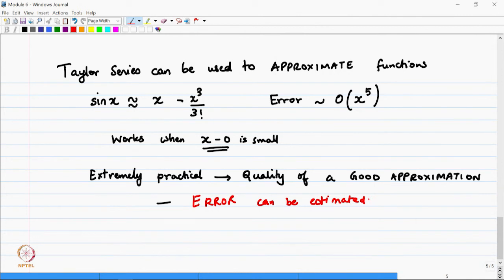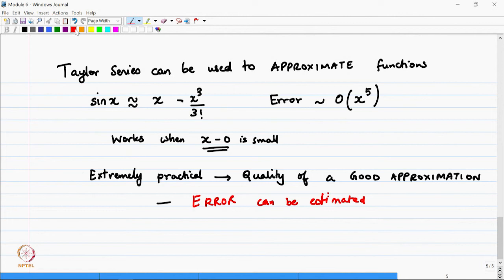You cannot calculate the error exactly, because if you knew the error exactly, then you would know the function. But even if you do not know all the higher derivatives, you can still approximate it. So, the error can be estimated by the approximation method. This is the quality of a good approximation.